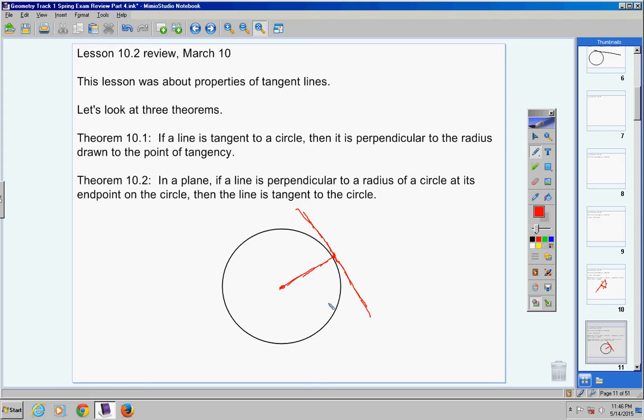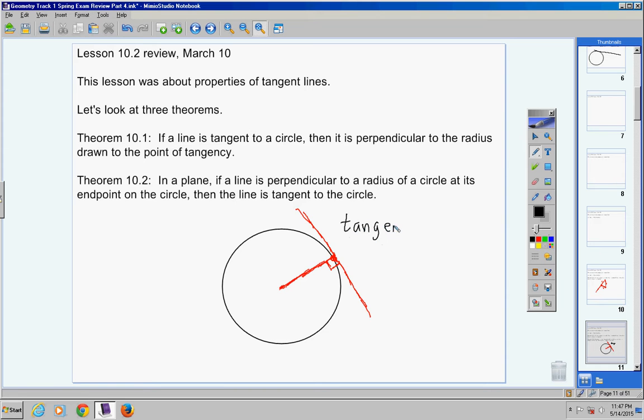Alright, so if I have a radius drawn and it's perpendicular at its endpoint right here to a line, then you know for sure this line right here I'm circling in black, you know for sure that line is a what line? A tangent line.